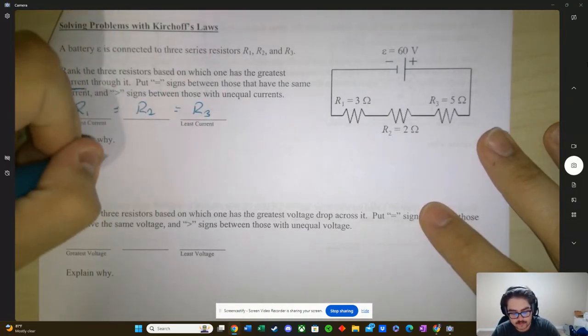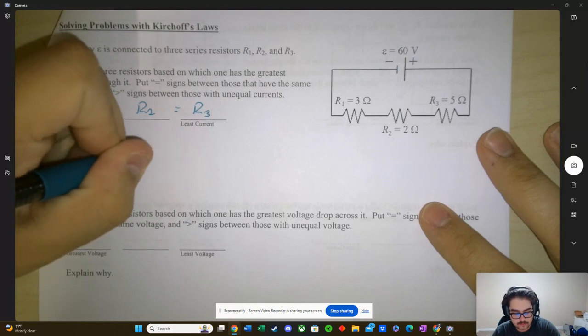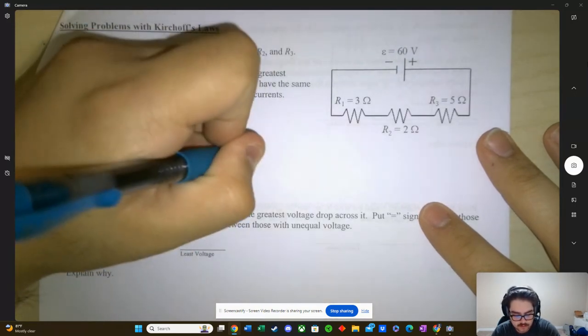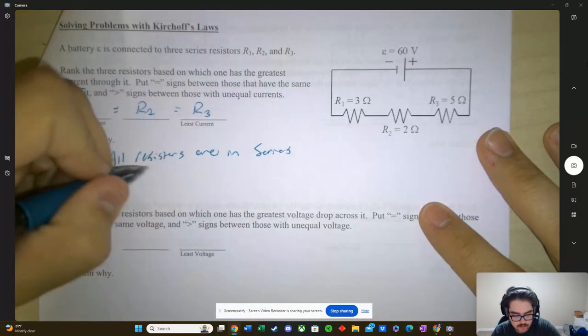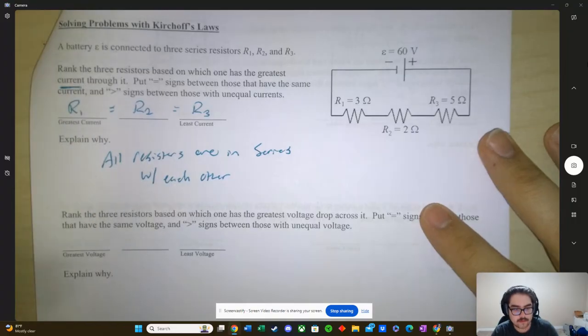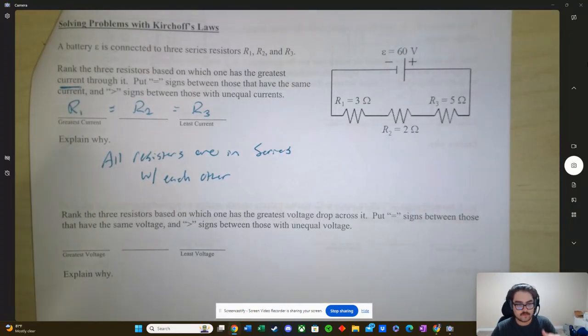Why is that? It's because all resistors are in series with each other. Therefore they all have the same current. I think you can kind of draw that conclusion from there, but that's perfectly fine.